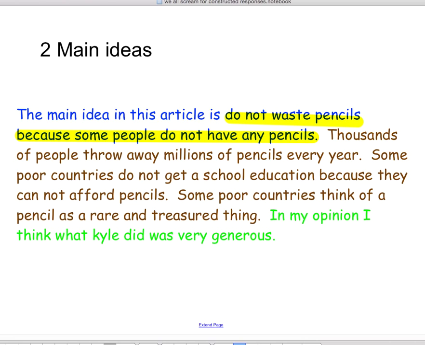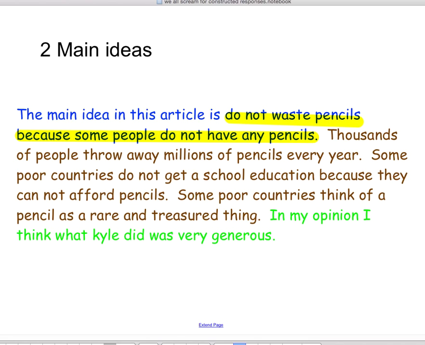Okay, so now the key thing here, though, is that if you're going to pick a different main idea, you have to make sure your details are matching once again, okay? So this person said that the main idea in this article is do not waste pencils because some people do not have any pencils, okay? So the do not waste pencils is supported by this first detail. It says thousands of people throw away millions of pencils every year. Awesome. That backs up the idea that we shouldn't be wasting them, but we are.